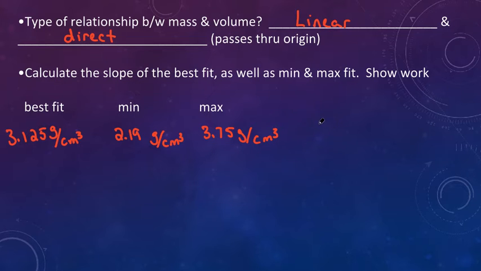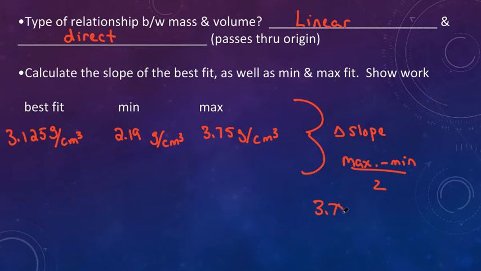Okay, so if I want to find my uncertainty in my slope, excuse me, my random error in my slope, I'm going to do max minus min divided by 2. So that is 3.75 minus 2.19 divided by 2, and that gives me a value of 0.78.